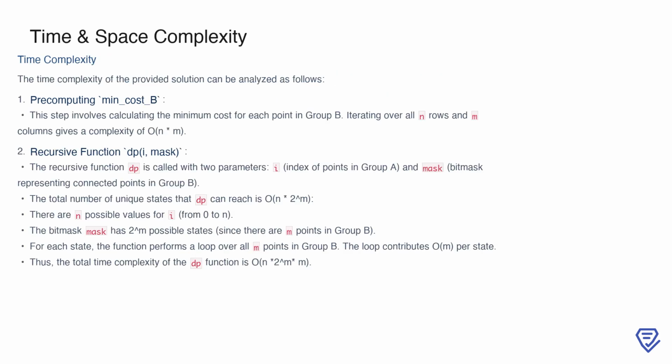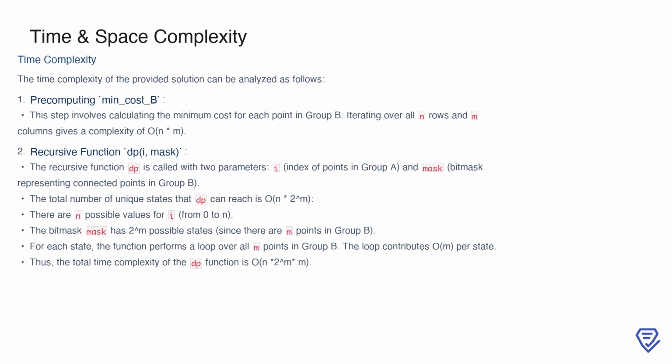Here, we analyze the time complexity of our solution. The first step involves pre-computing the minimum cost for each point in Group B. Since we iterate through all n rows of Group A and m columns of Group B to find these minimum values, this step has a time complexity of n*m. Next, we examine the recursive function dp(i, mask). The function is called with 2 parameters, the index i of points in Group A and a bit mask that represents which points in Group B are connected.